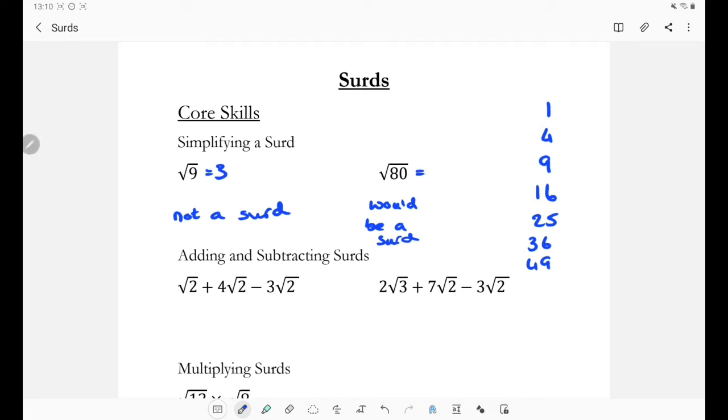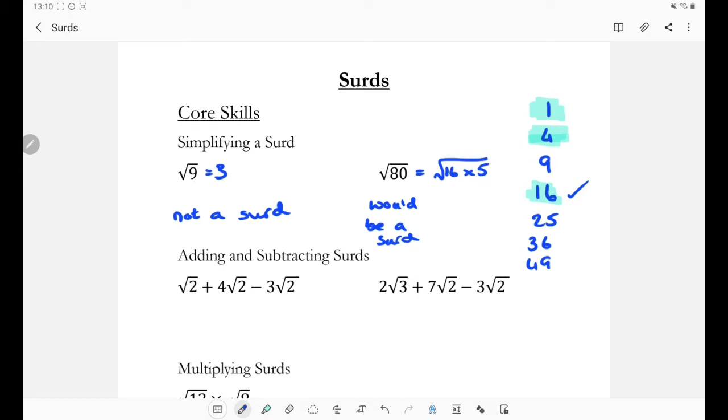What you're doing is looking through this list for any value that is a factor of 80, and you are going for the highest factor, which is 16. We are going to have 16 times 5.